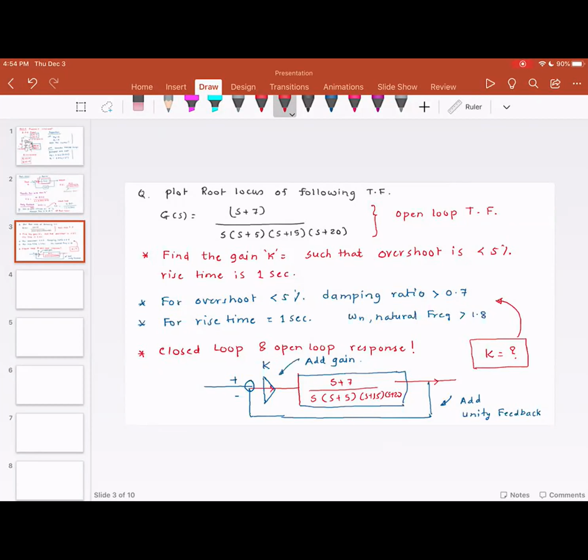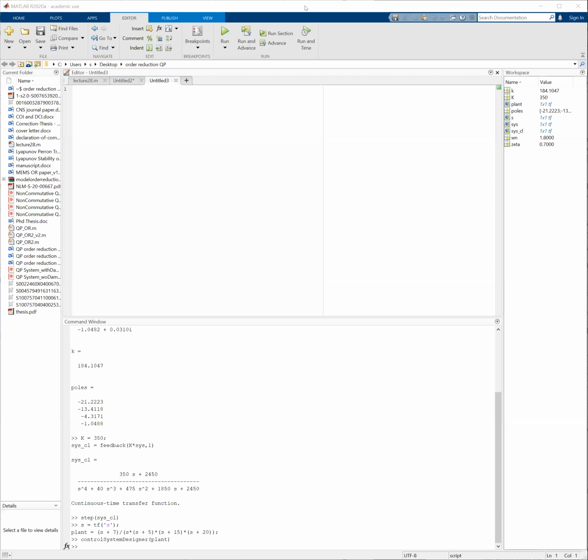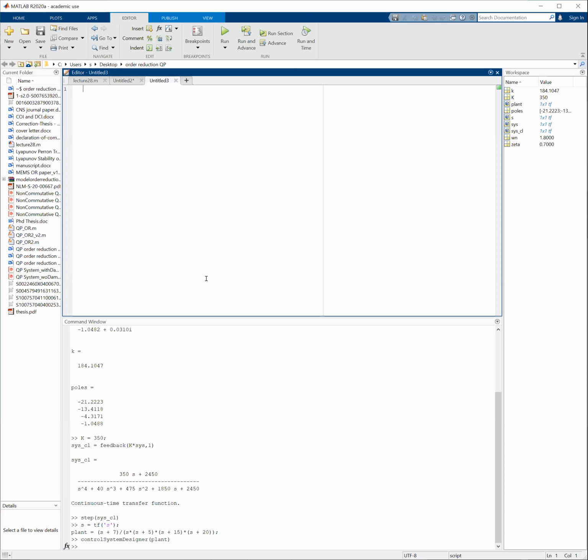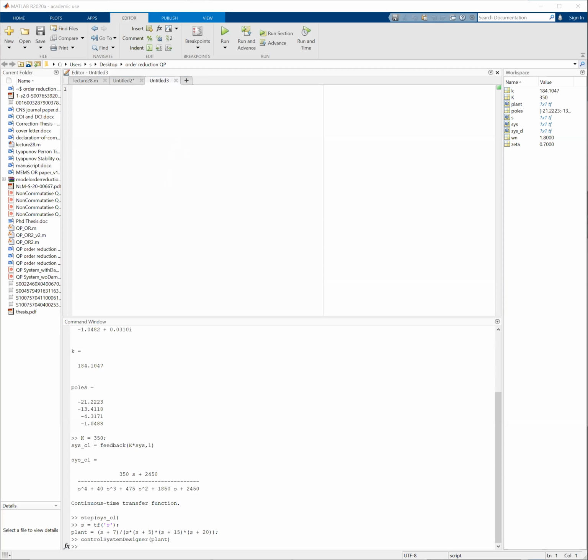Okay, now I'm going to switch to Matlab, and this exercise is very important, so please pay attention. Now you should be seeing my Matlab screen. So first and foremost, I need to create a transfer function. I'm going to start with something like this.